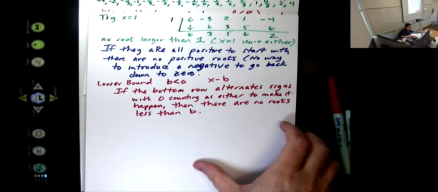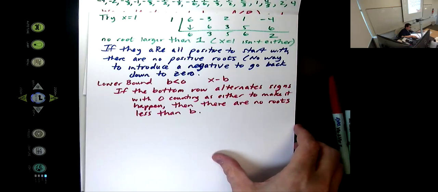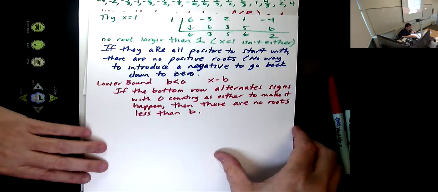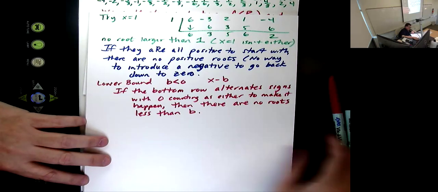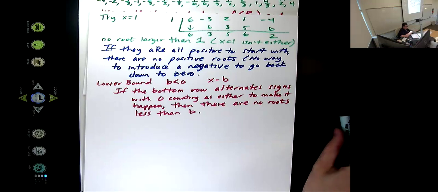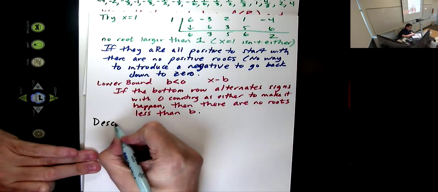Eyeballing this, I don't know if there is a negative one that works here, but there might be. Something else you can do here is called the Descartes rule of sign.